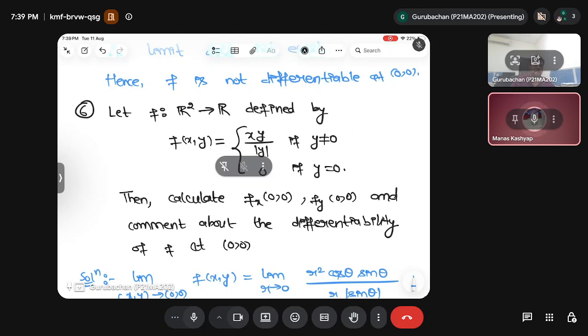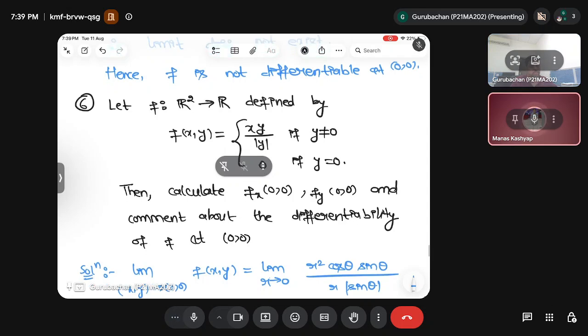Domain is R square, sir; range is R. Why do you say that the domain is 0 to infinity? We are considering R square, which means R into R. That means x can take any real number, y can take any real number. My bad.